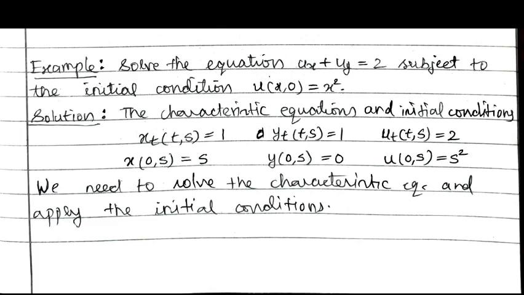So the figure will be like y equal to x square. How does it look? Okay, y equal to x square. So similarly, you have that figure in the xz plane with y equal to 0. So the initial curve lies in the xz plane.